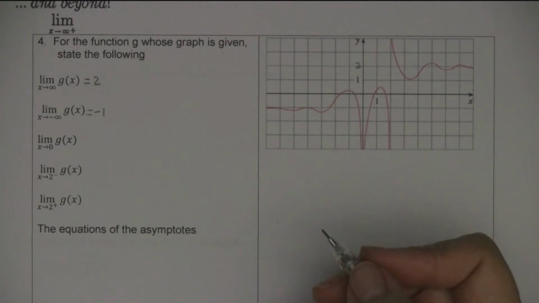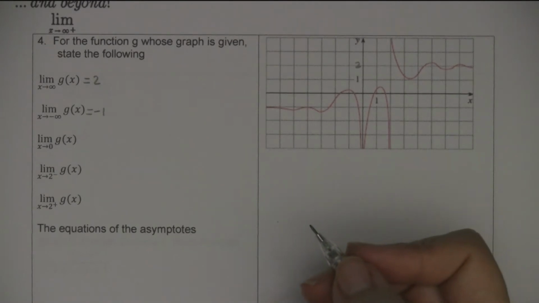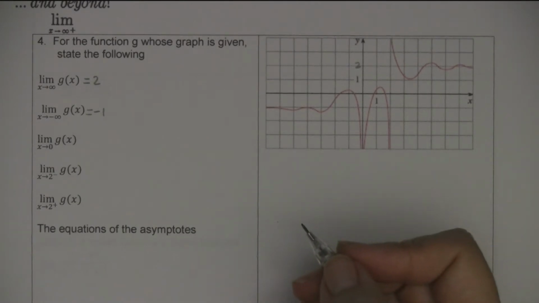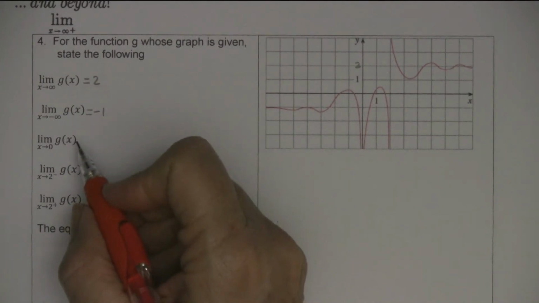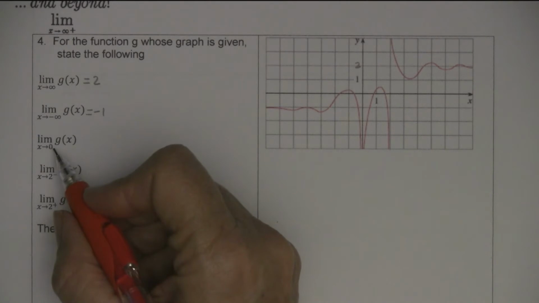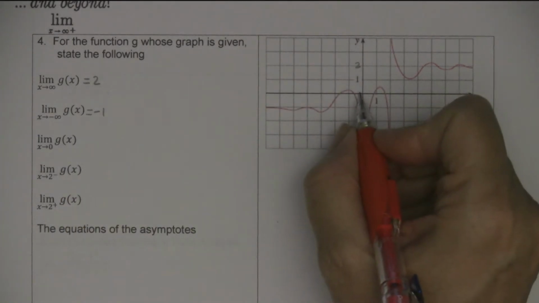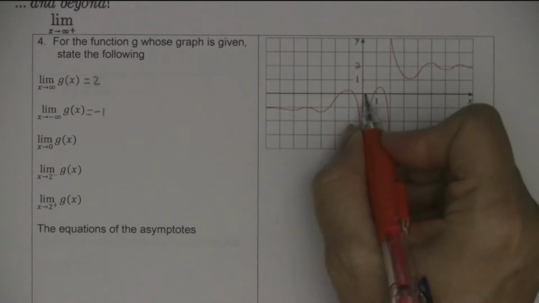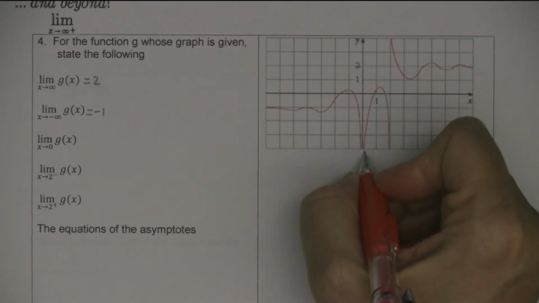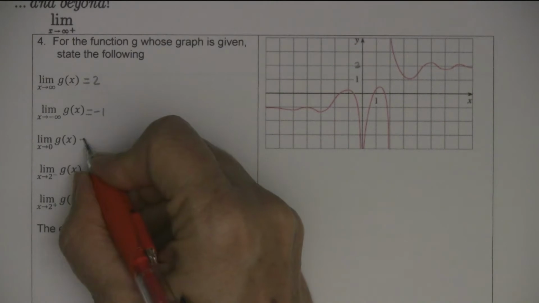Now here's some other asymptotes, and we actually looked at these in the limit chapter, chapter 1, right? So as I get close to 0 from the left, this looks like it's going to negative infinity, and from the right, looks like it's going to negative infinity. So this is negative infinity.